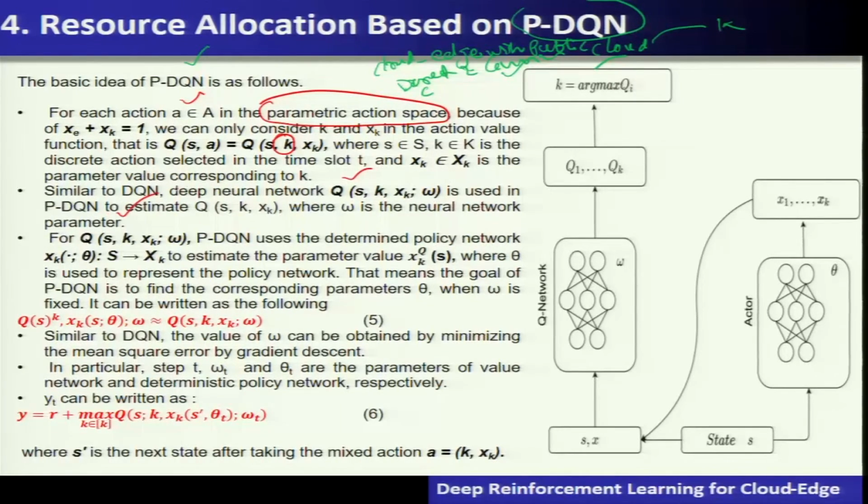It is used in PDQN also to estimate the q values, where omega is the neural network parameter. So here you can see that omega is the neural network parameter.